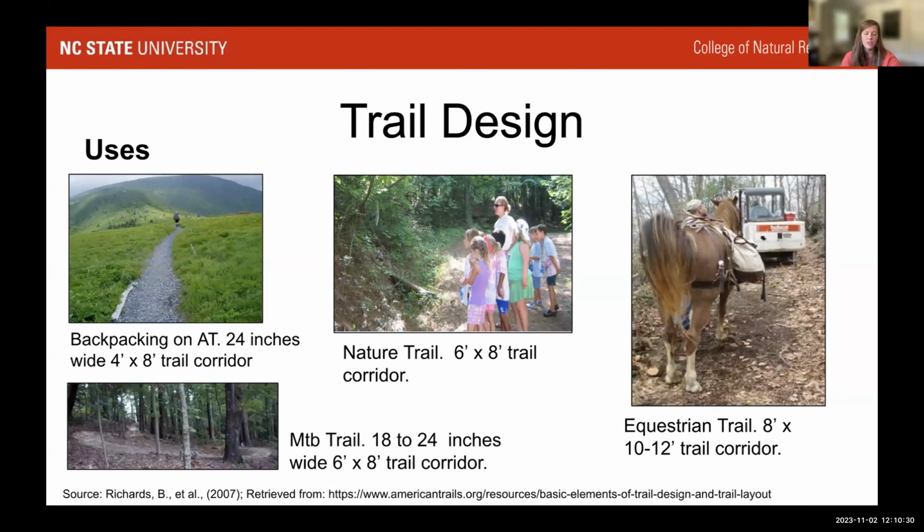And then mountain biking trails, I'm not going to talk much about today. There's some great resources, but these are pretty thin, like the backpacking trails, 18 to 24 inches is really all you need for that tread. You'll need that 6 foot wide by 8 feet high of the corridor zone, but there are other things you have to think about, like two-way traffic on bikes, multi-use. Do you want hikers and bikers using these trails?